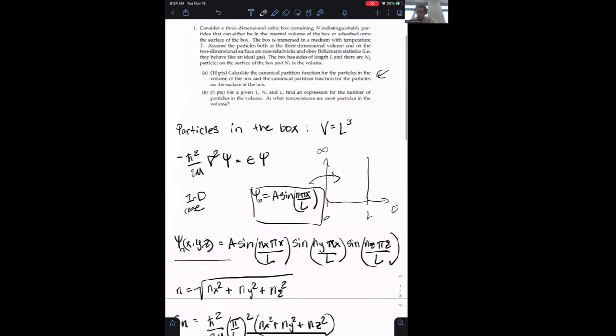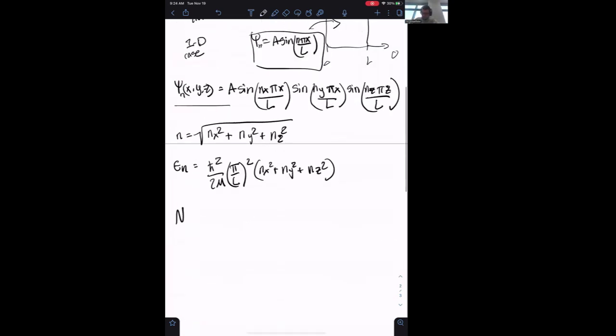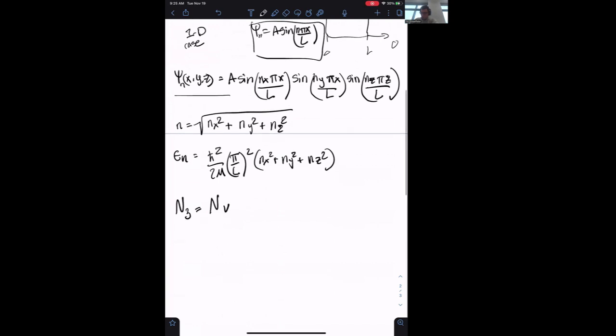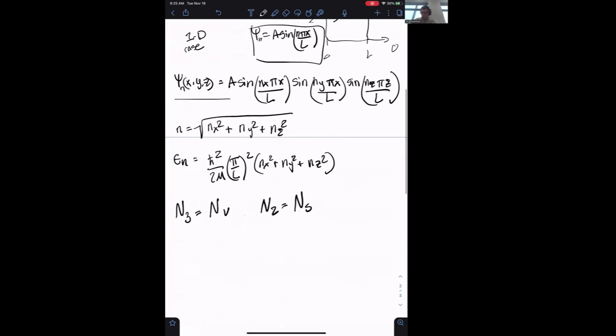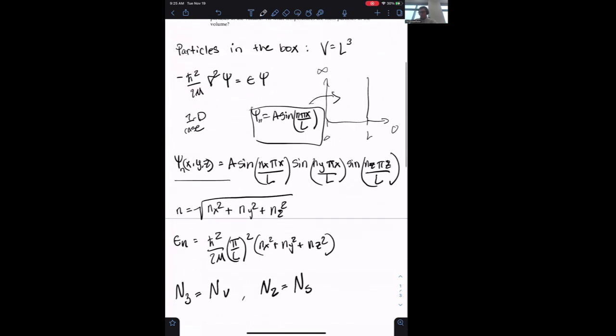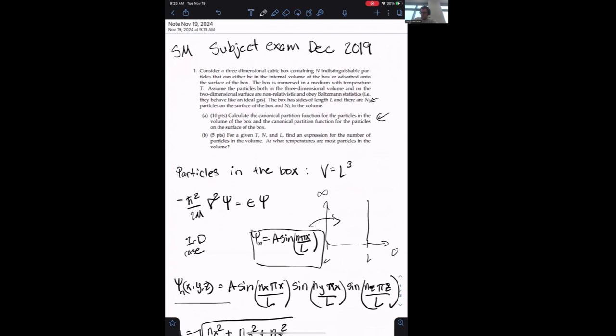One more quick thing to set up this problem: I don't really like the notation, so I'm going to call N3 NV for the particles in the volume, and N2 is going to be NS for the particles on the surface. I just think that's slightly better than what they use here. It makes more sense to me.